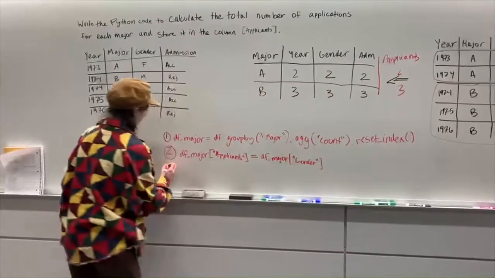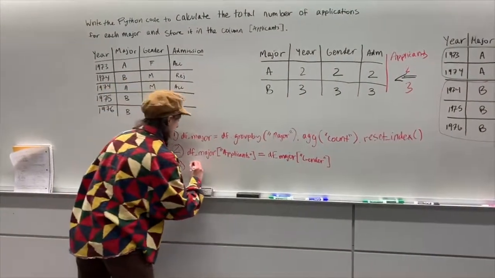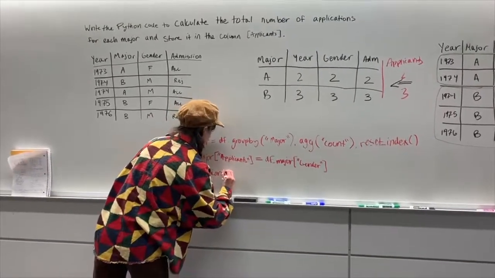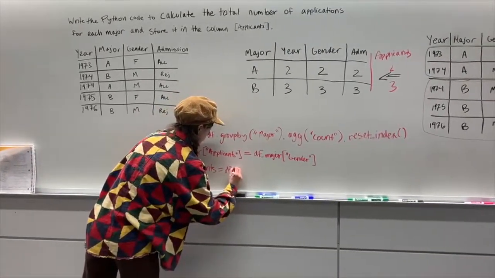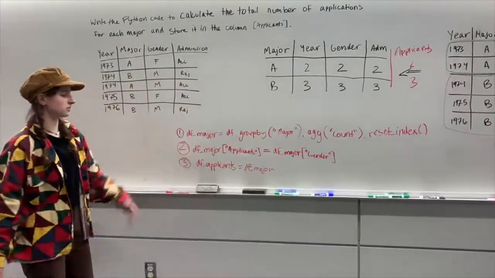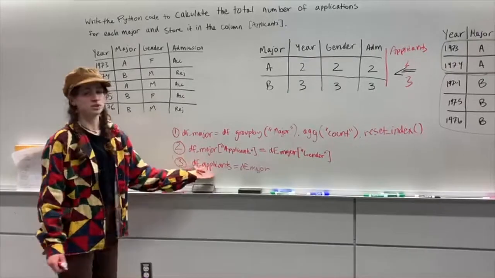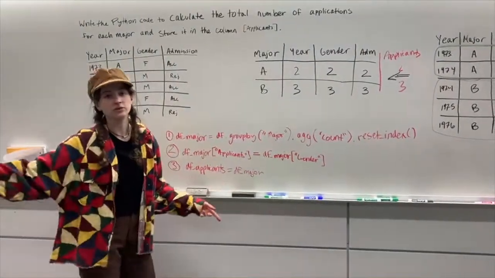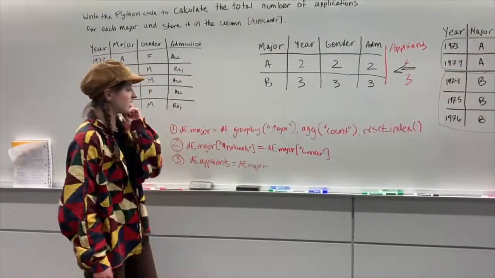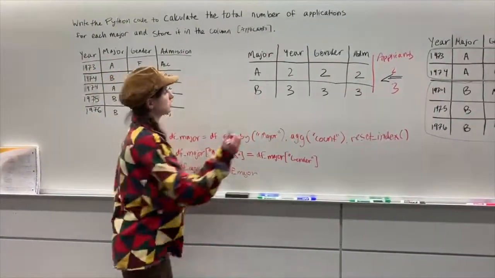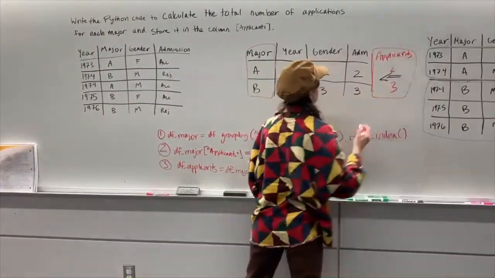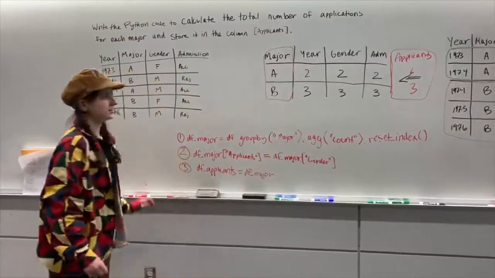And the last step, you just set it equal to df major, and then it'll be stored in the right data frame so that it'll grade correctly. And now df applicants will have the 2 requirements for this question. It has a major column and it has an applicants column. That's how you do this.